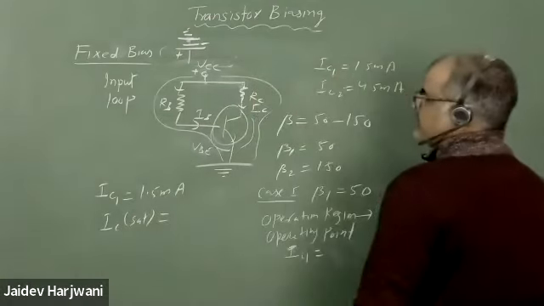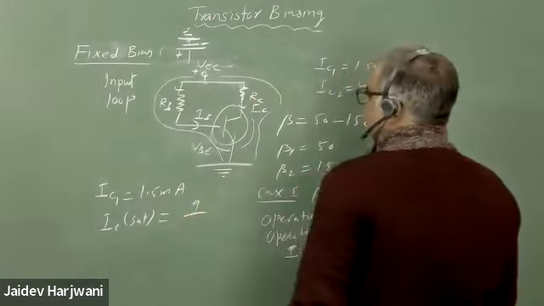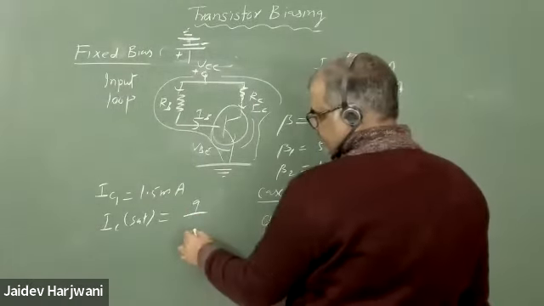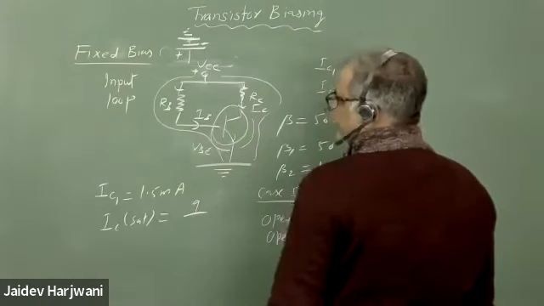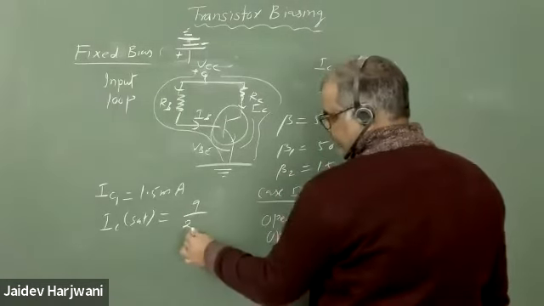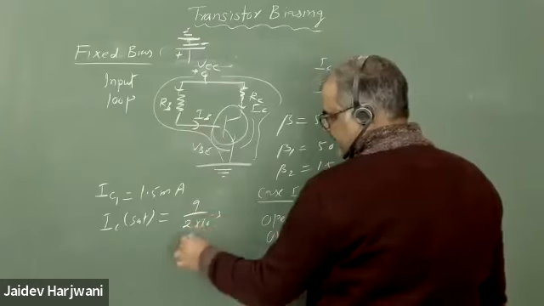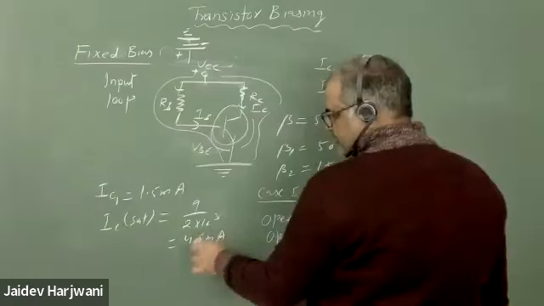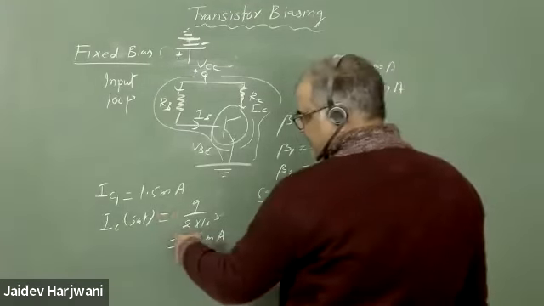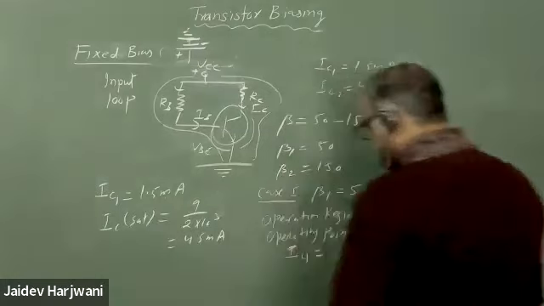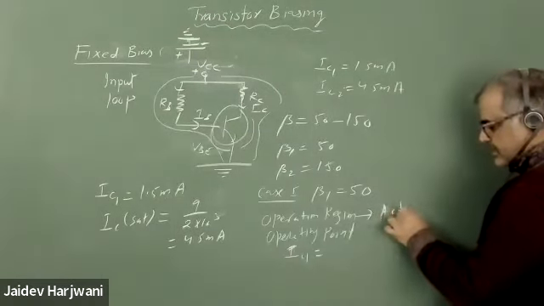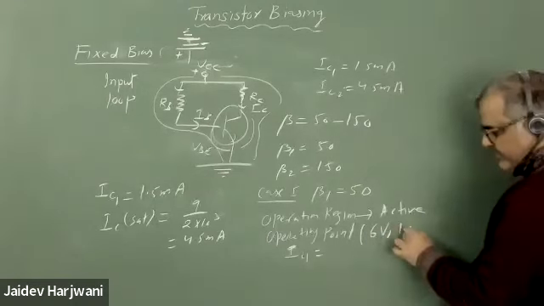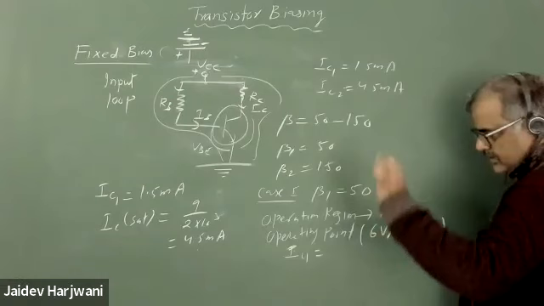IC saturation is 9 volts upon 2 kilo ohm, so that will come 4.5 milliampere. So in the first case your IC is less than IC saturation, so obviously the operation region is active. Very good. And the operating point, you are saying, is 6 volt and 1.5 milliampere. Very good. This is the first case.